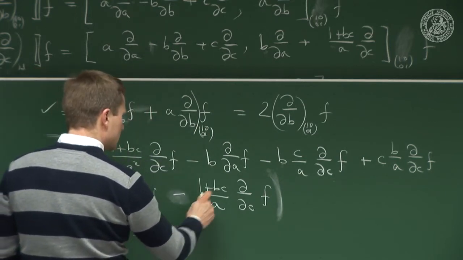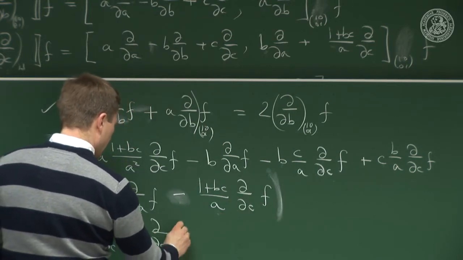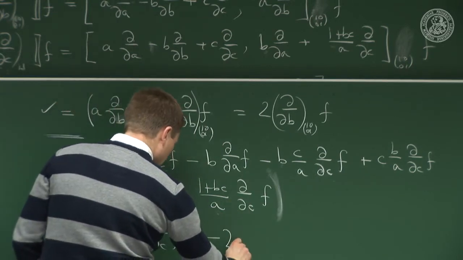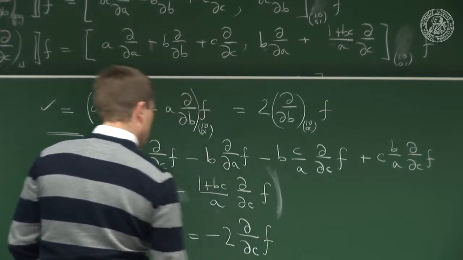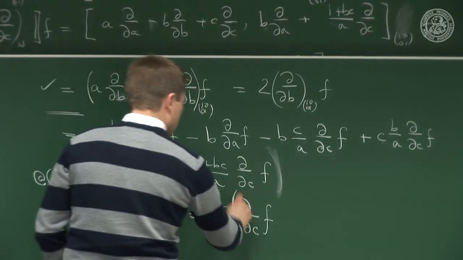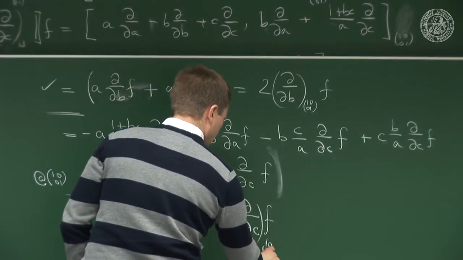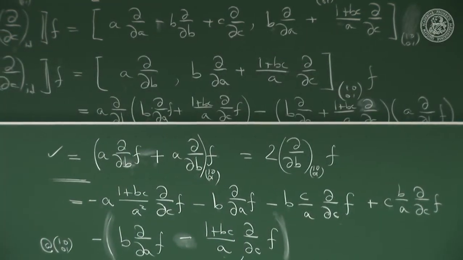It's another minus. 1 plus 0 over 1 d by dC is d by dC f is minus 2 d by dC acting on f. So at the identity, of course, because that's where we evaluate. So we have our third bracket. Here it was plus 2.